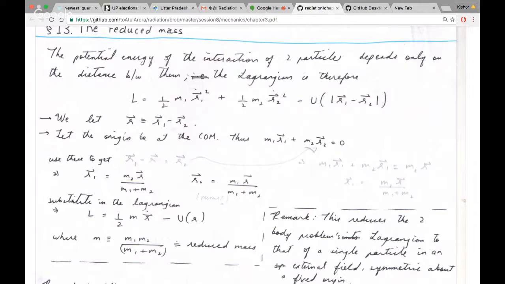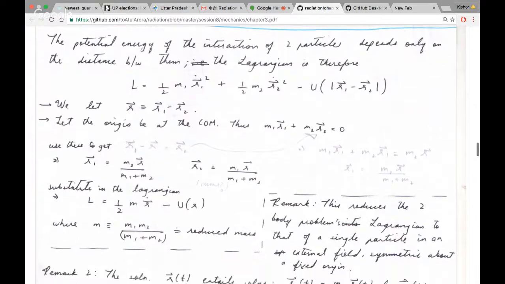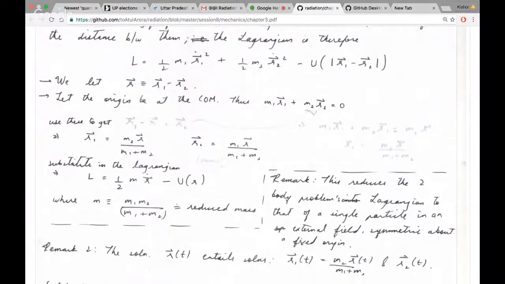Should be r dot square. Yes, where m equal to m1 m2 divided by m1 plus m2, which is the reduced mass. Correct. Okay. So remark, this reduces the two-body problem Lagrangian to that of a single particle in an external field, symmetric about a fixed origin.